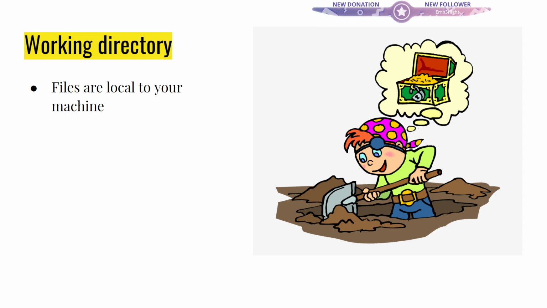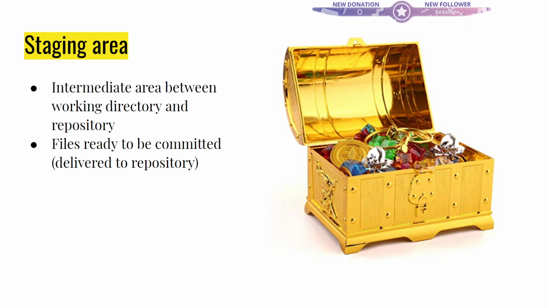So working directory is basically your local work that you're doing like right now. So for example, this guy is digging for treasure. That's his local work. Now, when he dug a treasure and put some coins in it, he did some work, and well, he wants to send it to a pirate ship. And he needs to add something to a treasure chest, and basically the contents of that treasure chest is the staging area.